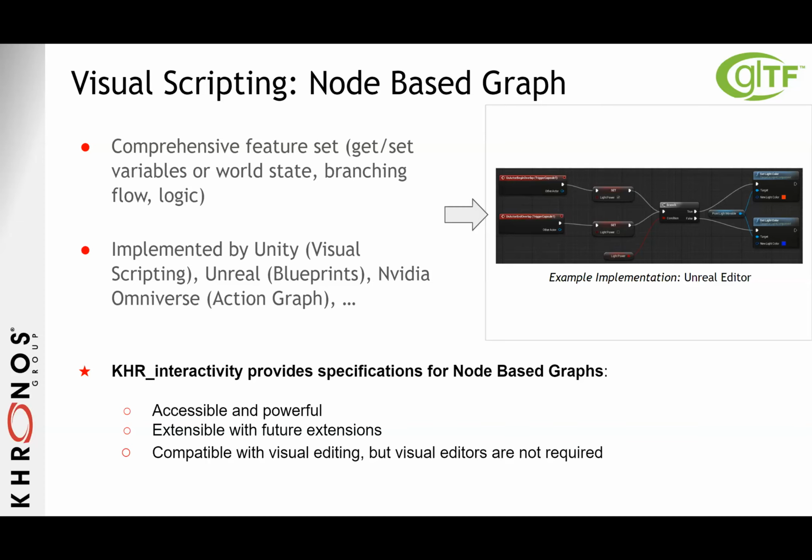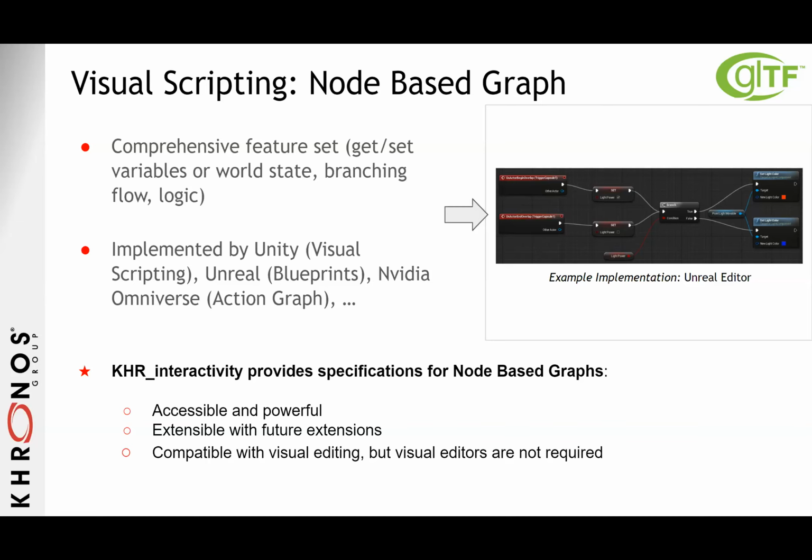The extension provides a basic set of nodes, but by design everyone will be able to extend it by bringing custom nodes. And by design, it's really compatible with visual editing. One important thing to note is that Khronos is not providing any visual editor, but we encourage people to build visual editors conforming to the glTF standard.